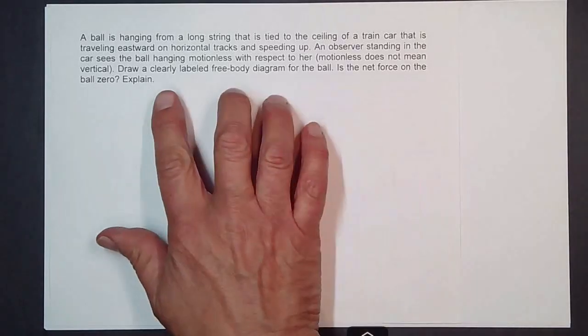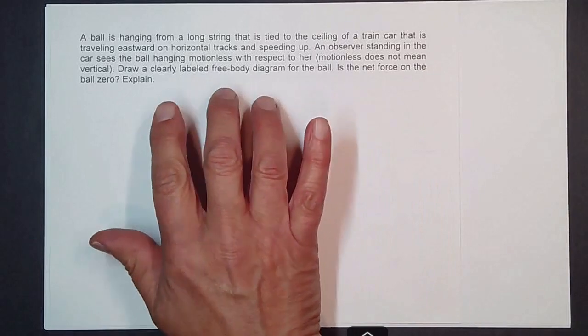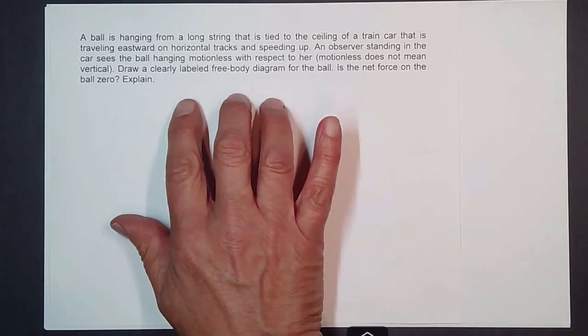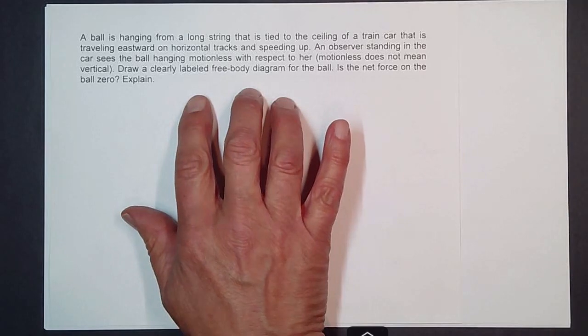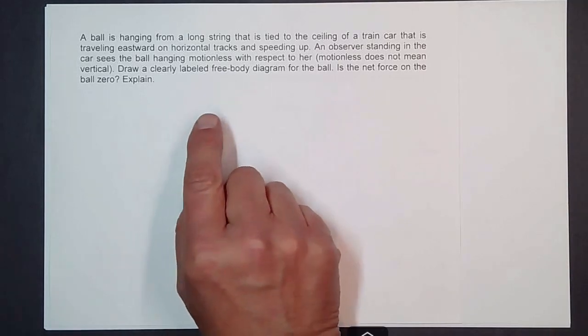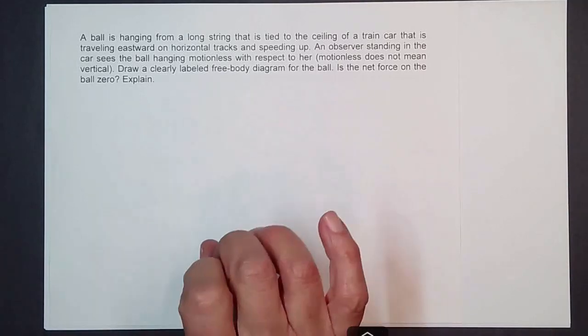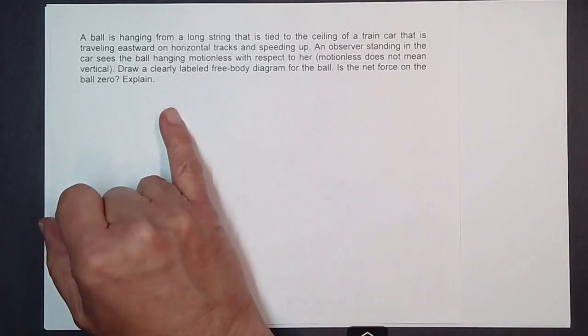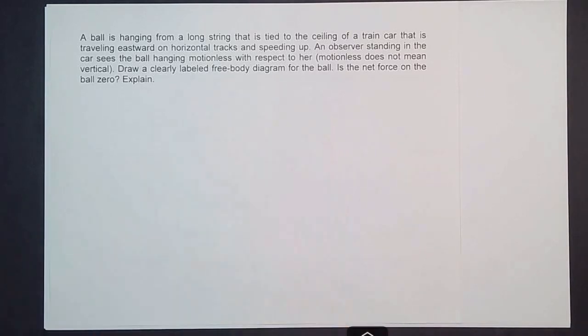She's standing in the car, she's looking at this ball, and it's motionless with respect to her. Well, if she's in that train car and it is traveling east and speeding up, she is accelerating and the ball is also accelerating. So, draw a clearly labeled free body diagram for the ball.